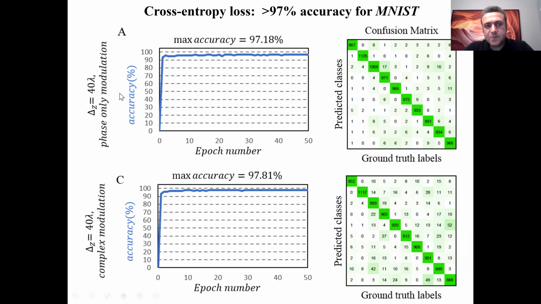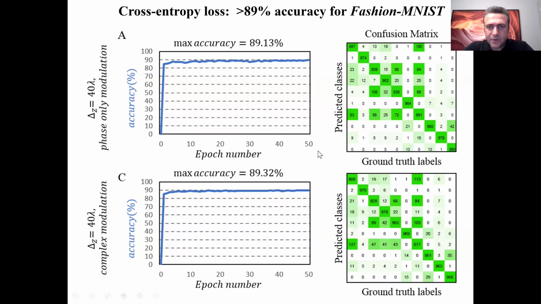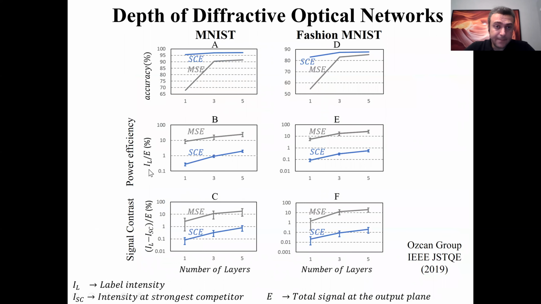In the visible part of the spectrum, this would be less than 1 millimeter in thickness, as an example. So a decent performance was achieved, more than 97% for MNIST. And for fashion products, those 10 different classes of clothing, we've achieved slightly better than 89% blind inference accuracy with those 10,000 blind testing data set.